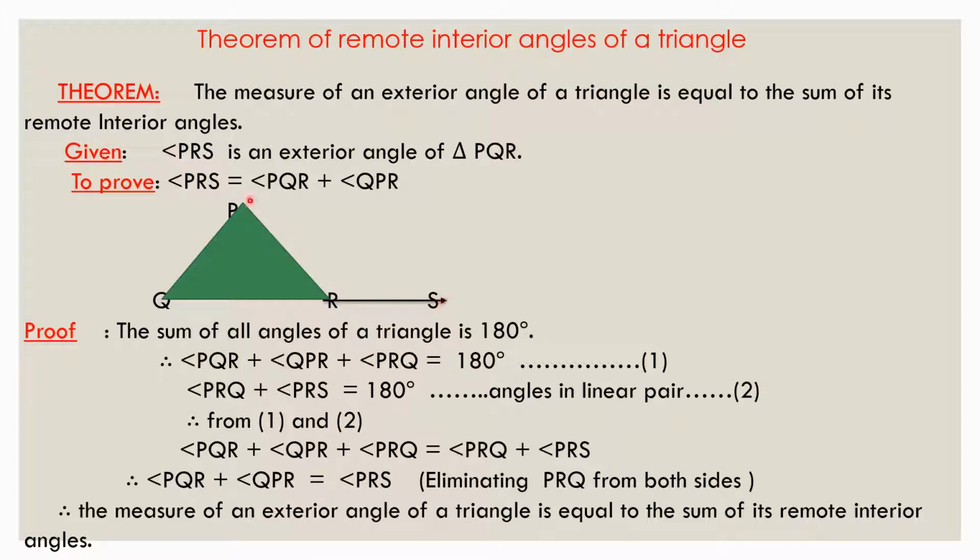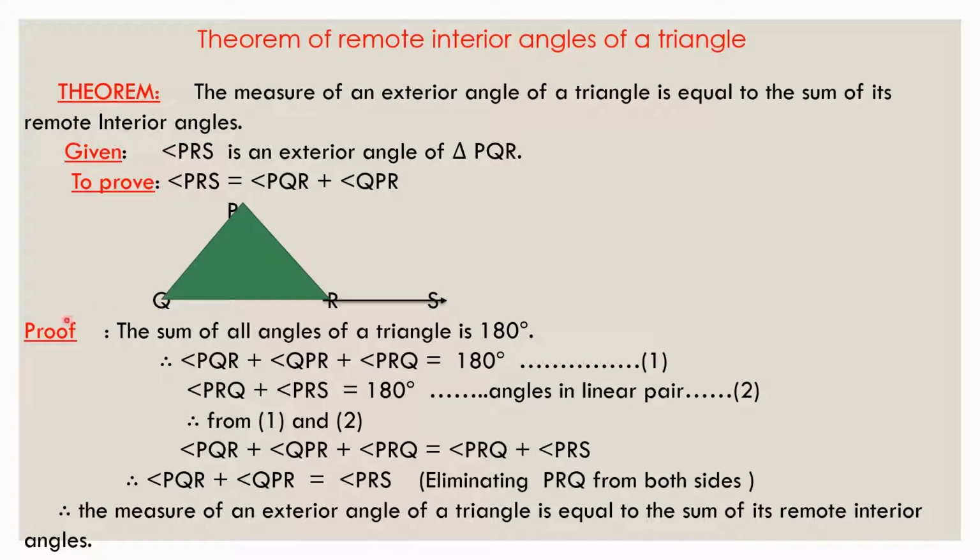Then first write, given: angle PRS is an exterior angle of triangle PQR. Then next, to prove: angle PRS is equal to angle PQR plus angle QPR. In this figure, angle PRS is an exterior angle and angle PQR and angle QPR are the remote interior angles.